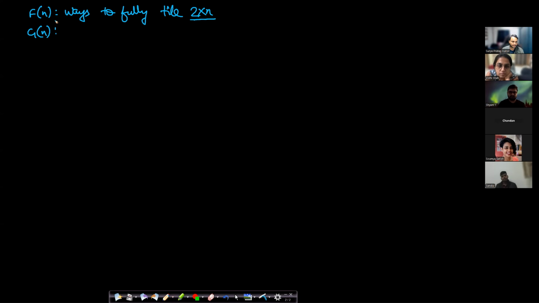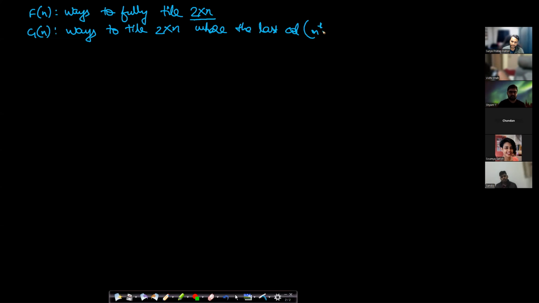And g of n will be ways to tile 2n where the last column, which is the nth column here, it will be the ith column. When I say g of i, it means the ith column, g of n means the nth column, where the last column has exactly one empty cell.